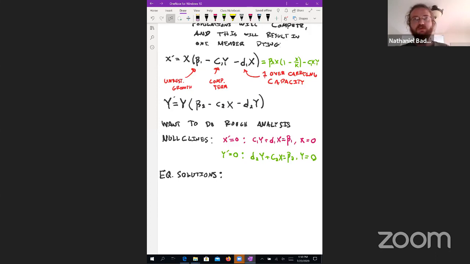Remember, the equilibrium solutions are intersections of the null clines coming from setting the different equations to 0.